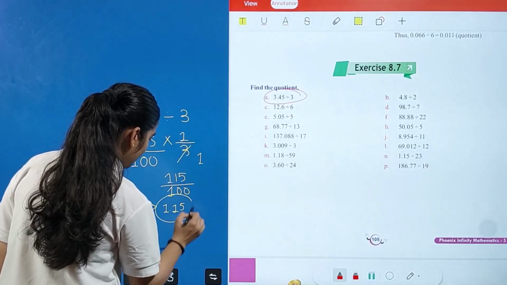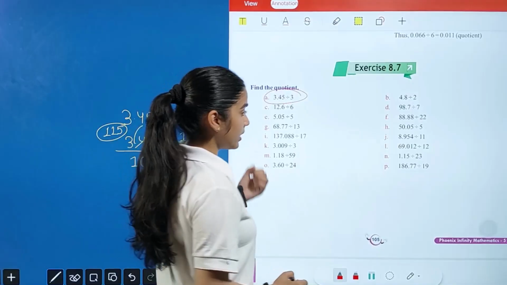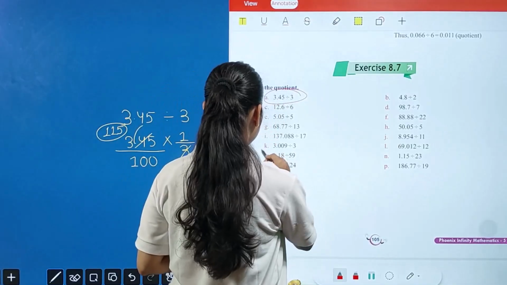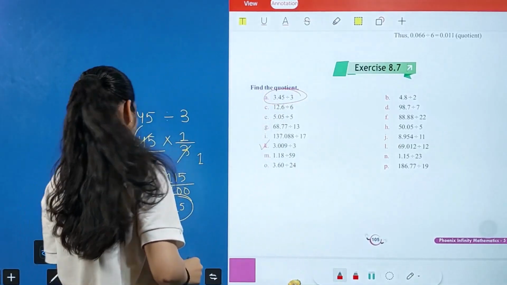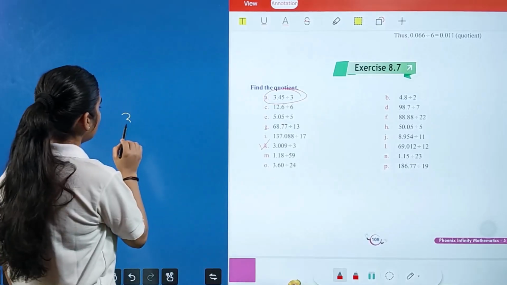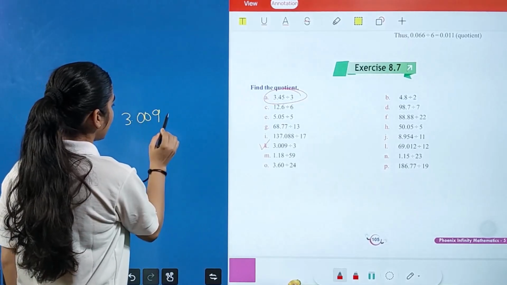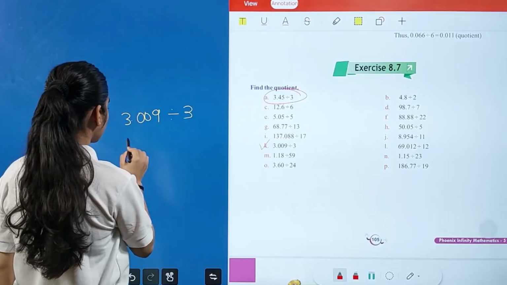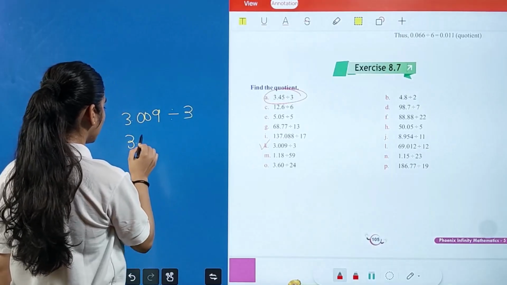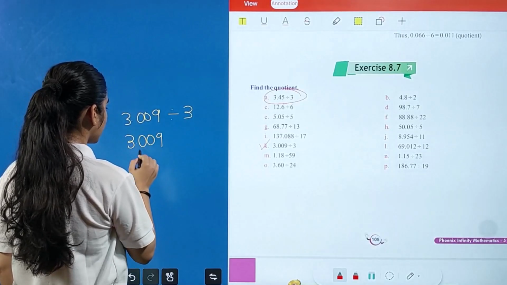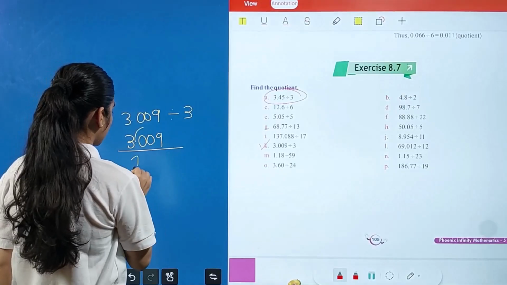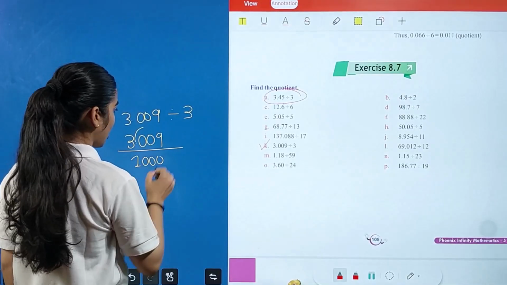1.15 is your answer. Next we take another example, part K: 3.009 divided by 3. First you have to write your decimal number into fraction form. 3.009 has denominator 1000.